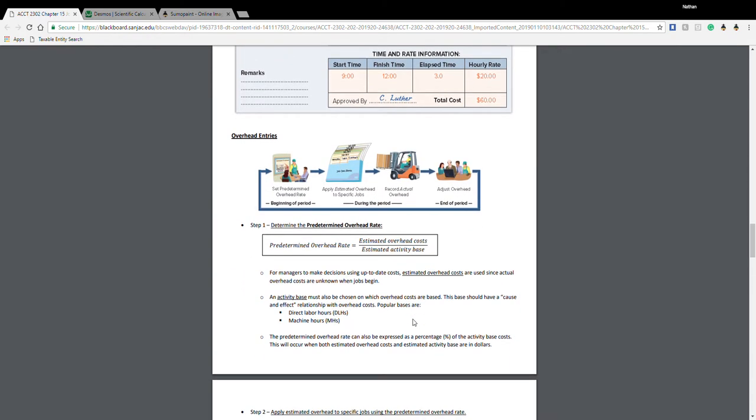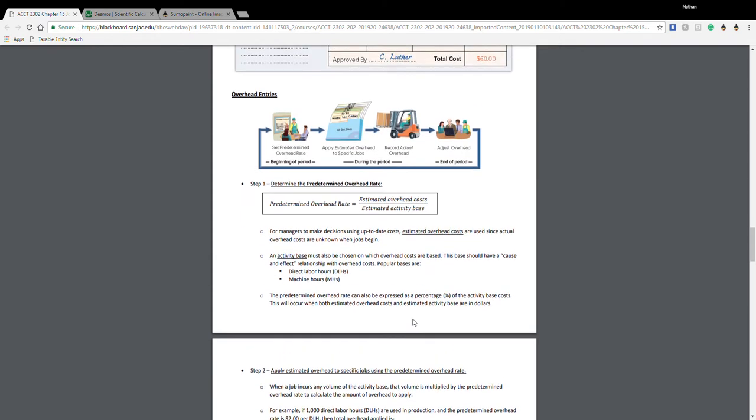So this brings us to what is basically our bugaboo. This one is the more complicated one, and that's overhead. Direct materials and direct labor, again, we can trace and we can get specific amounts. Here with overhead, we don't have that good, lucky kind of thing.